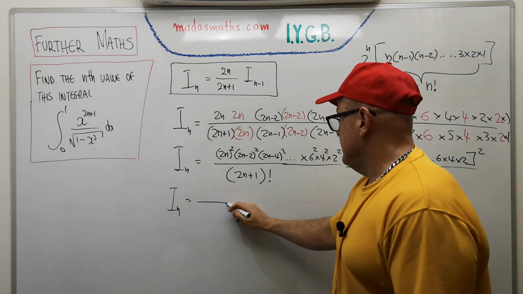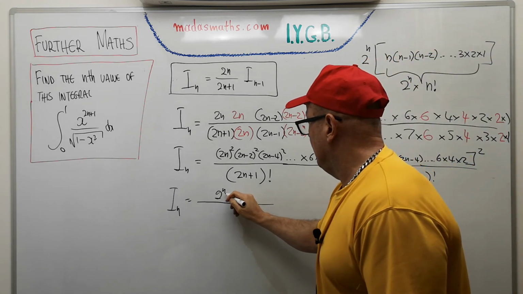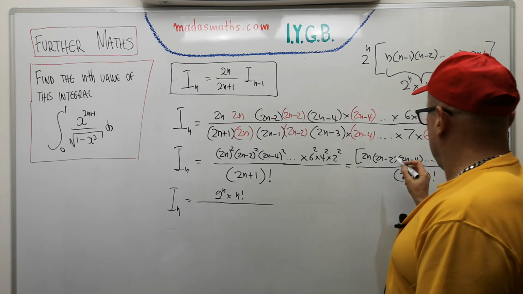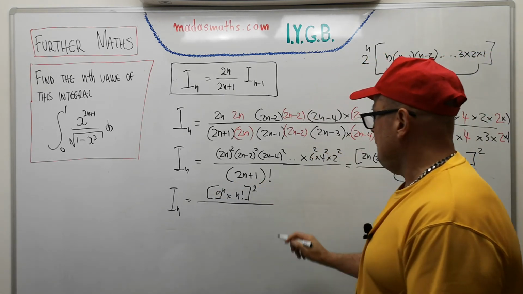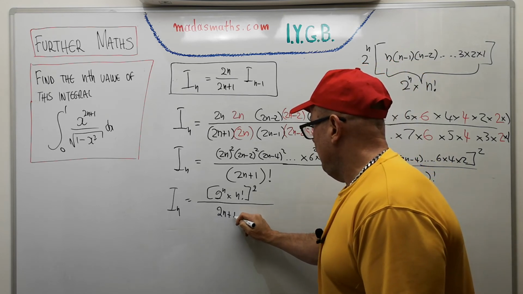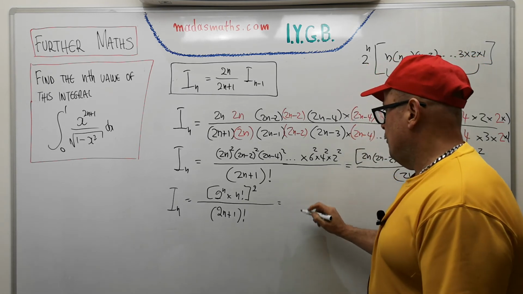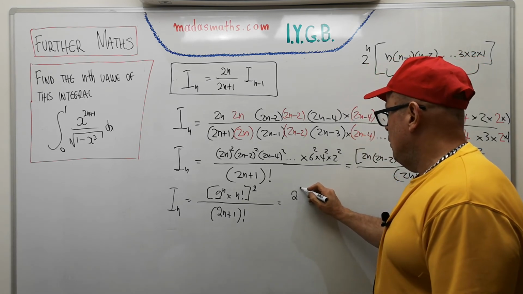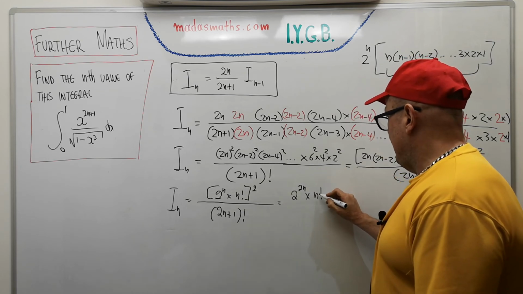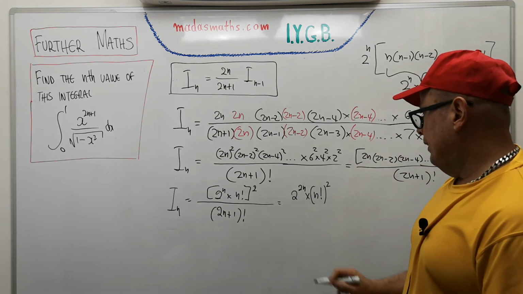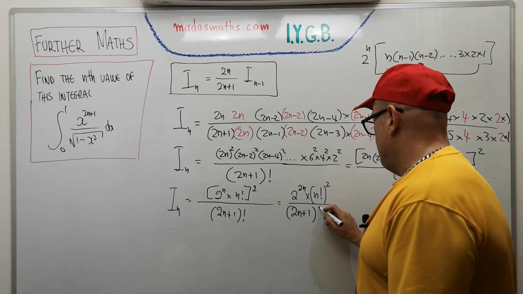So on the numerator we're going to have 2 to the n times n factorial, all of this, don't forget, all squared, and on the denominator is 2n plus 1 factorial. And this will simplify to 2 to the power of 2n times n factorial all squared, and on the bottom we have 2n plus 1 factorial.